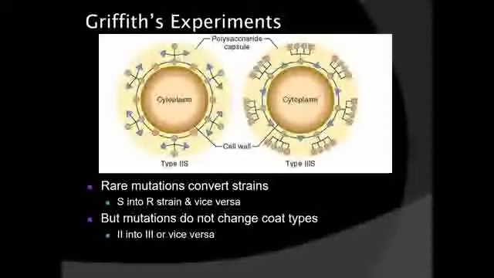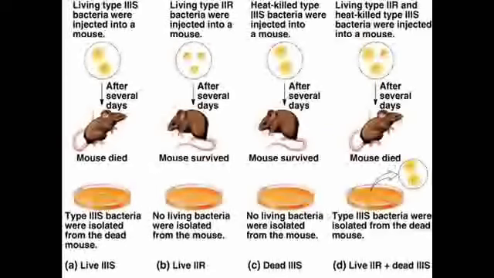Type 2 remained type 2, type 3 remained type 3. So this is a series of experiments that Griffith did. He inoculated mice with living smooth bacteria, and the mice died. And when he cultured the blood from the dead mice, it resulted in the production of smooth colonies on nutrient media.